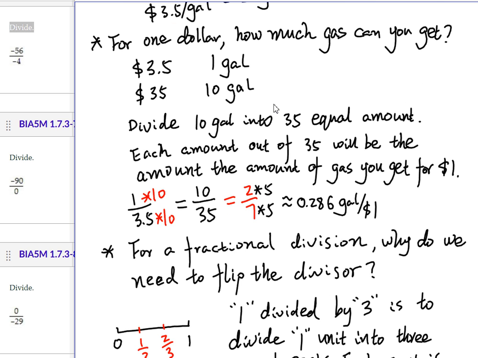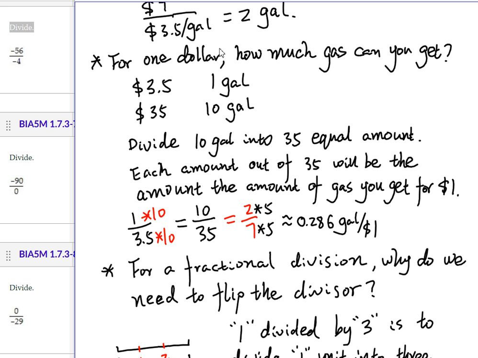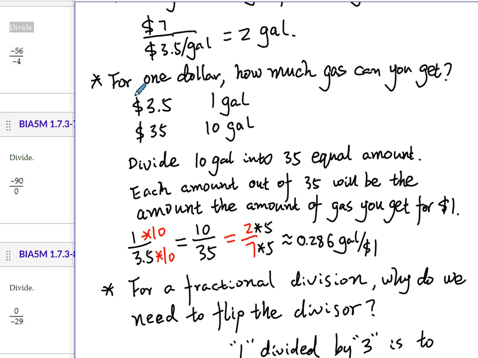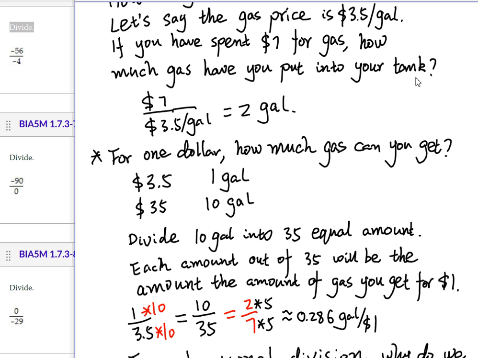Now, here we can ask more. We say, for $1, how much gas can you get? You know, 1 gallon is $3.5. But here the question is opposite. For $1, how many gallons can you get?